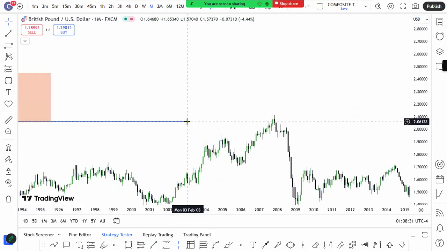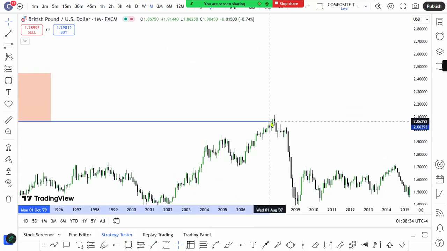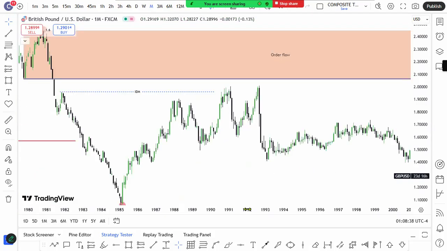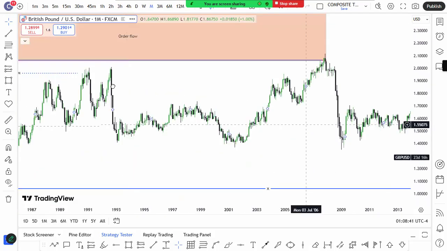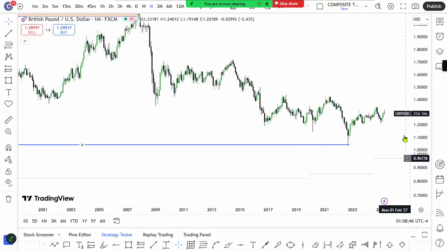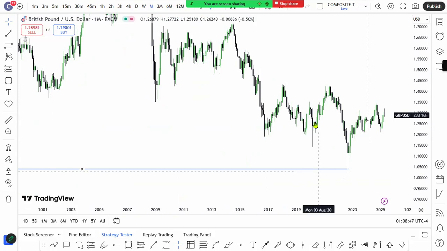With an order flow here, it eventually got mitigated, price mitigating that order flow. On a monthly, price started pushing lower. So look at this market on a monthly time frame, we're still bearish and we don't have a shift.